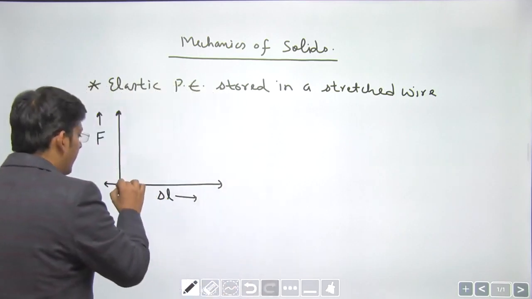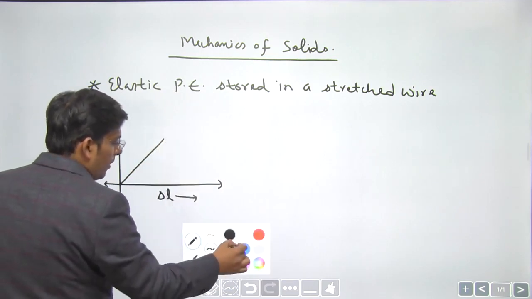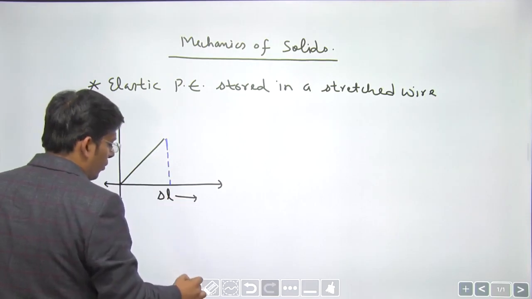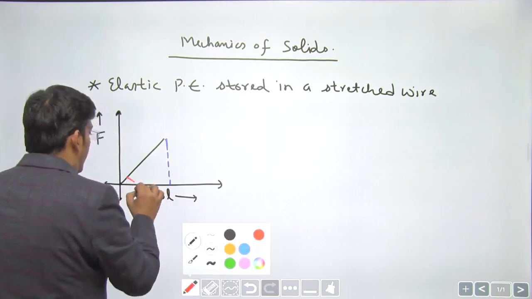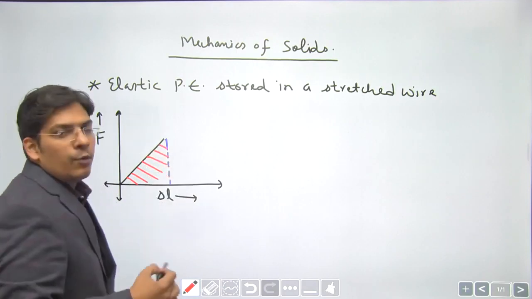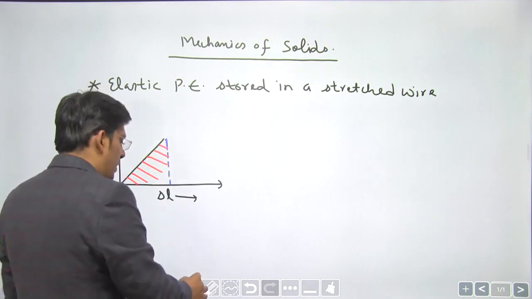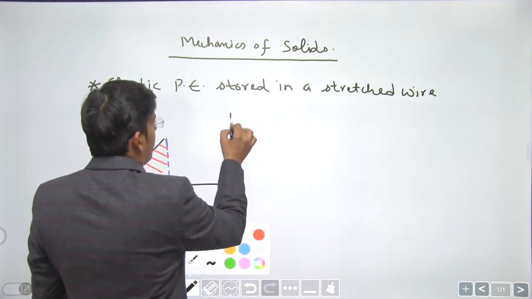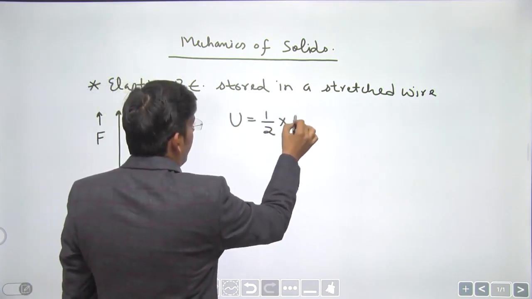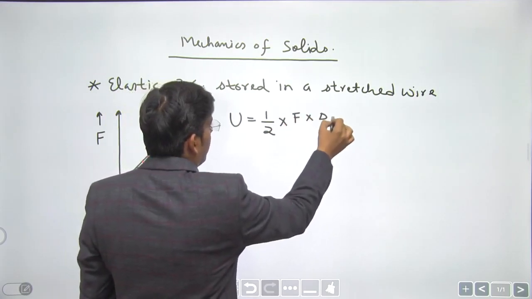So we get a straight line here. Now you know that the area under force versus extension graph gives work done. This work done in extending the wire by length delta L gets stored in the form of elastic potential energy in the wire. So we have elastic potential energy as half into F into delta L, right dear students?